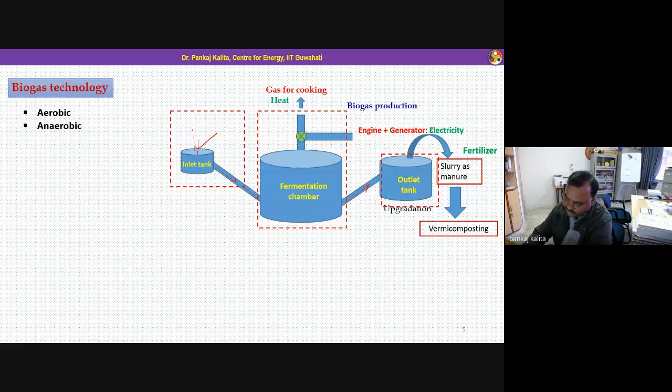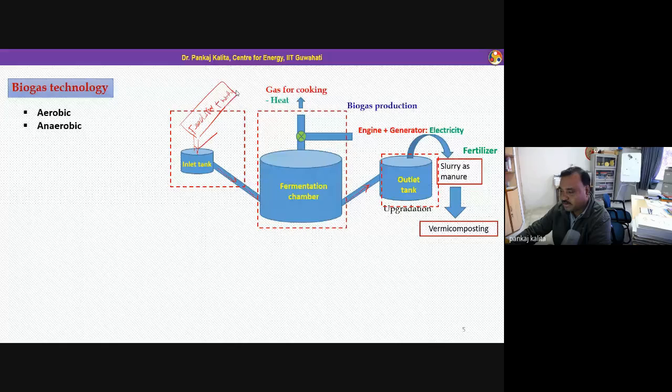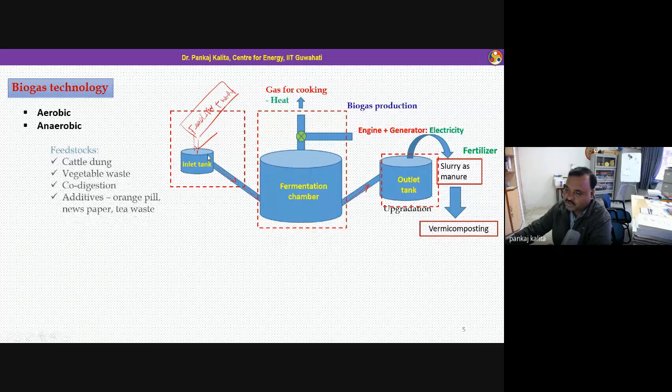So here we are mixing feedstock plus water. Okay, this is very, very important, and the proportion we are making is in order to have appropriate total solid content. So we'll see what feed materials we can use.